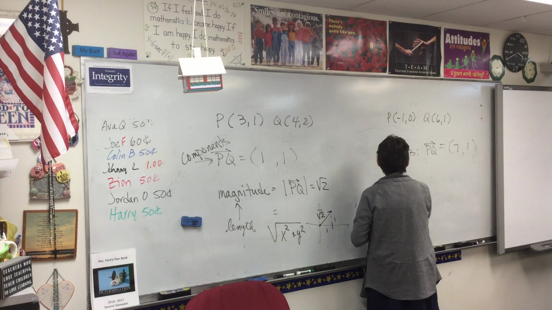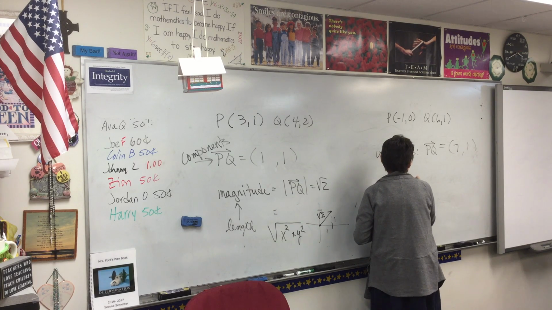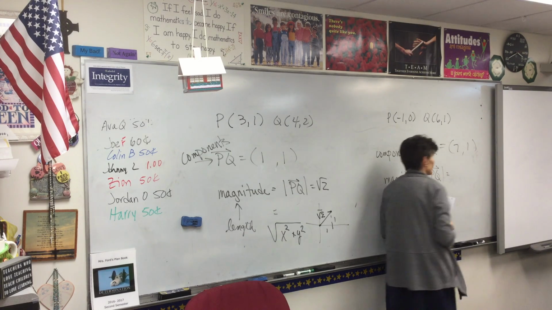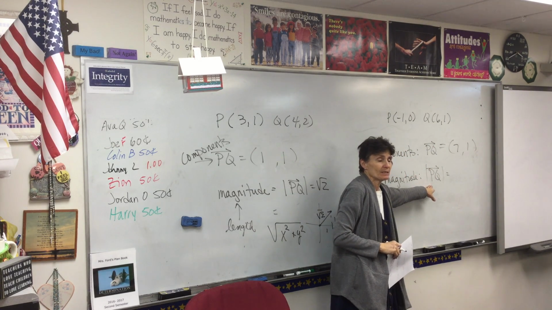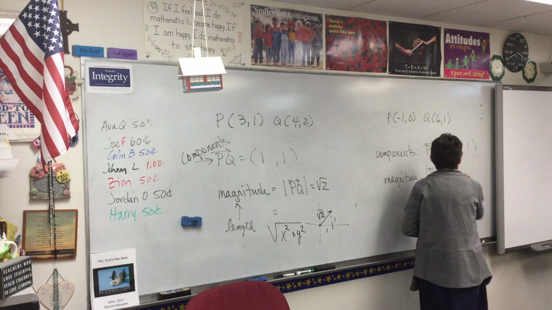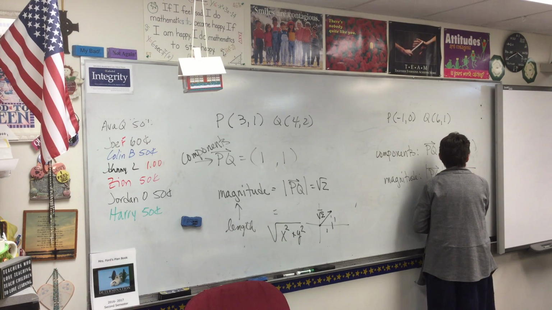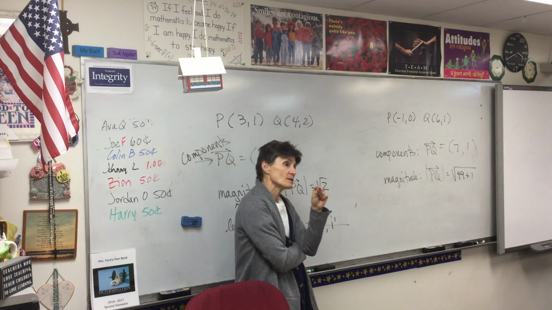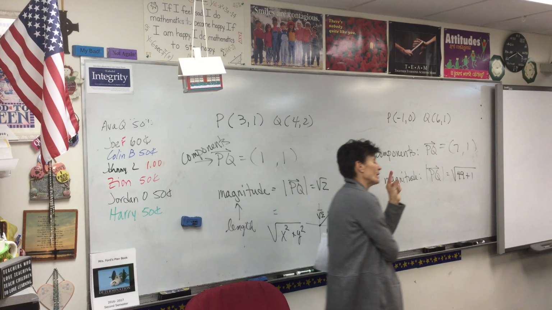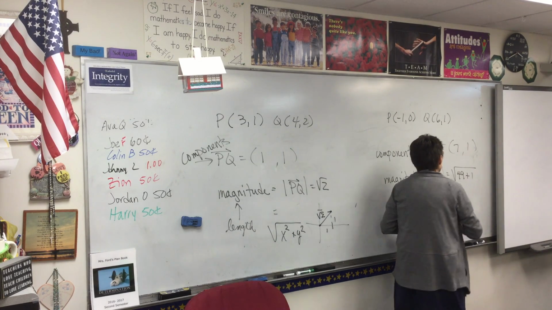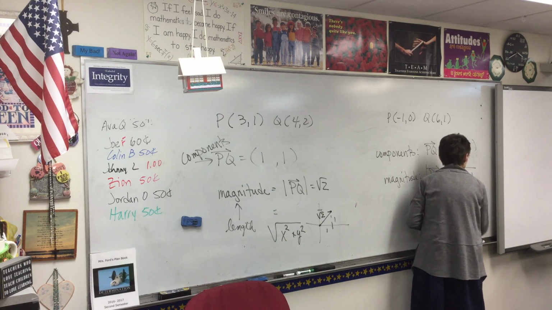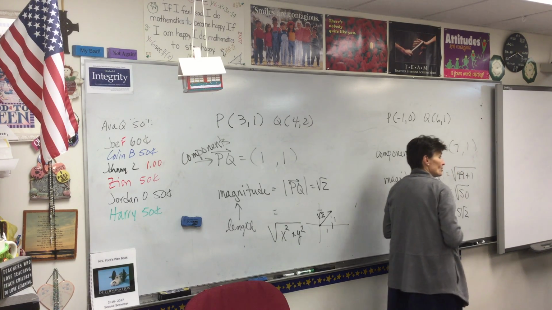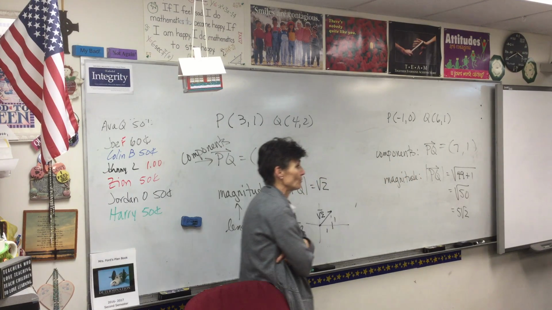Now we want the magnitude, and the magnitude, we use absolute value to note that. Absolute value means magnitude. And that would be the square root of 49 plus 1. How did I get 49 plus 1? 7 squared plus 1 squared. So that's the square root of 50, which of course, like all good math students, will reduce to 5 root 2.